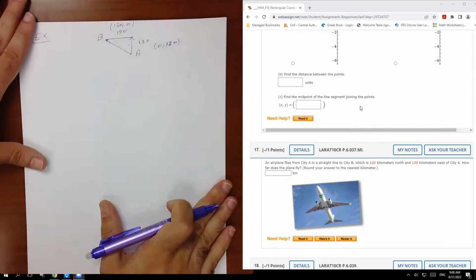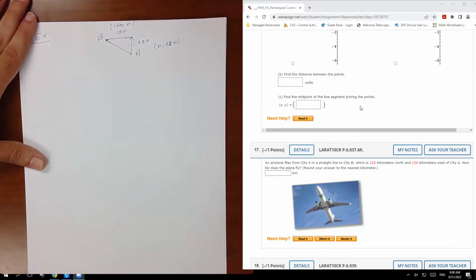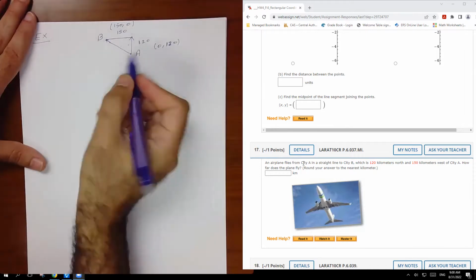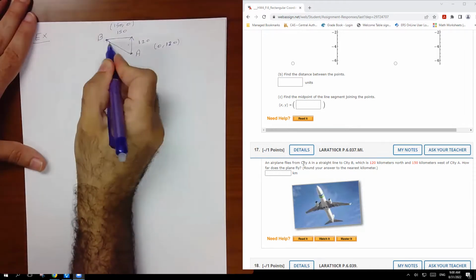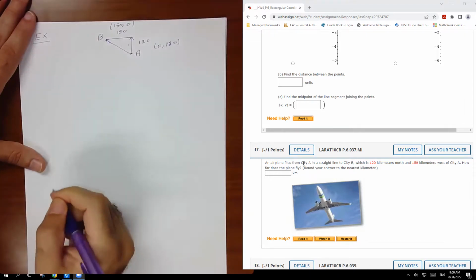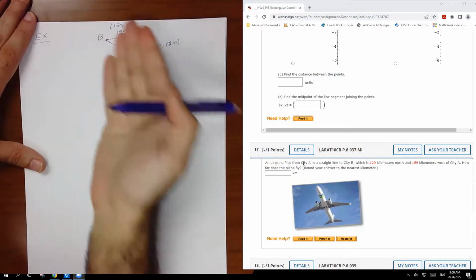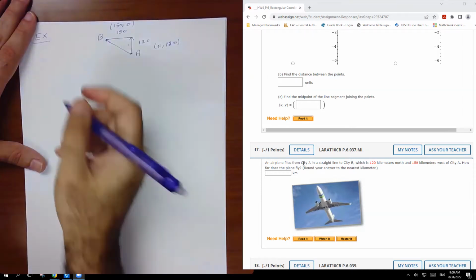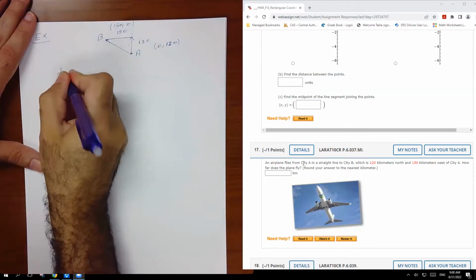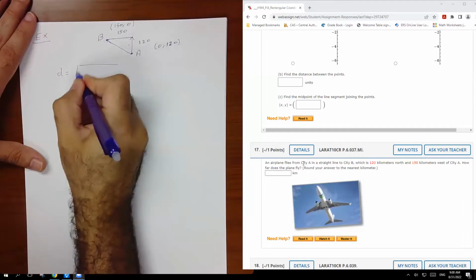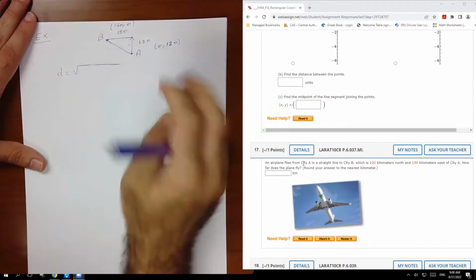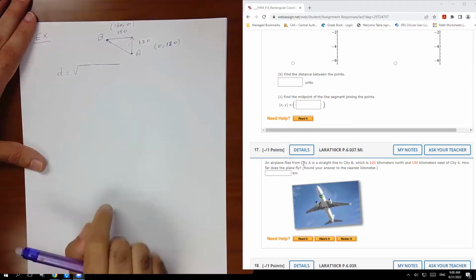To find the distance, how far does the plane fly? That means they ask you to find the distance from A to B. If you're using the distance formula between these two, it's going to be the same solution.